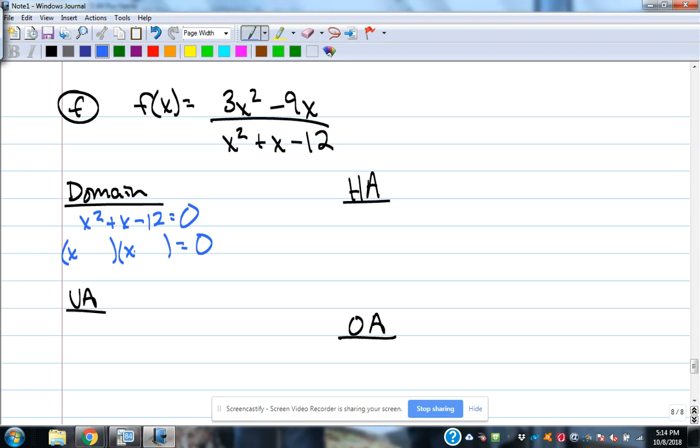It's 3 and 4. Positive 4, negative 3. Negative 4 and positive 3 would still multiply to be negative 12, but it wouldn't add to be positive 1. So the domain then, x can't be negative 4 or positive 3.